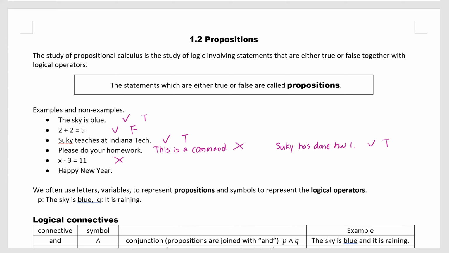It really depends on the X values, right? So if I change the statement to 14 minus 3 equals 11, is this a proposition? Yes, and 14 minus 3 is 11, so this is true. And if I change the statement to 13 minus 3 equals 11, is this a proposition? Yes, and it is false, right?